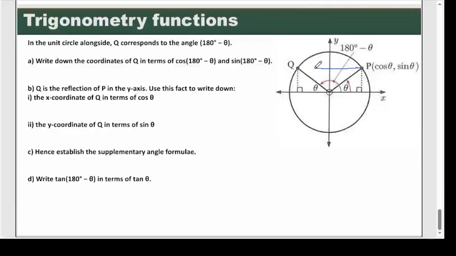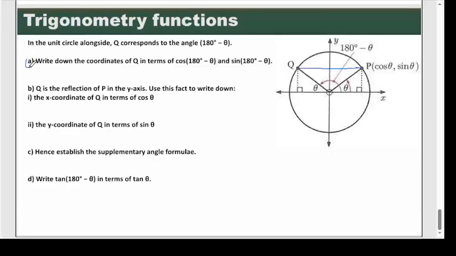When a point reflects across the y-axis, y doesn't change, not its size, not its sign, and x, its size doesn't change, but its sign will change.